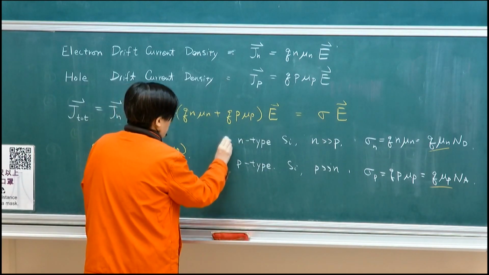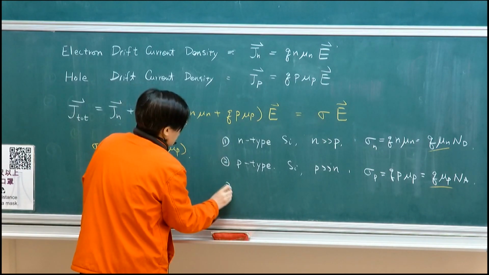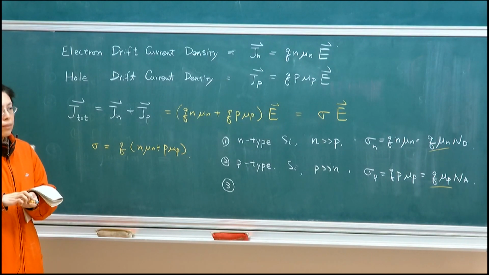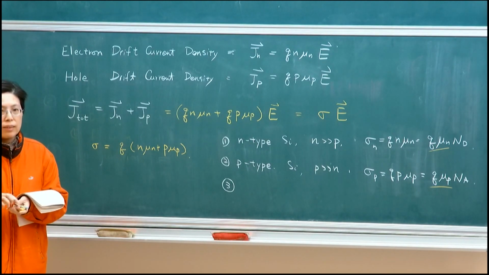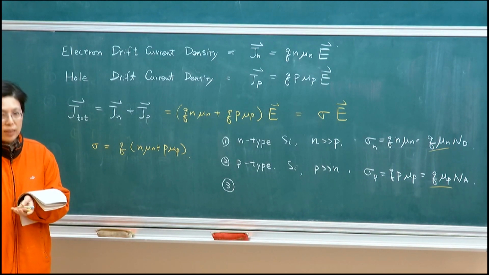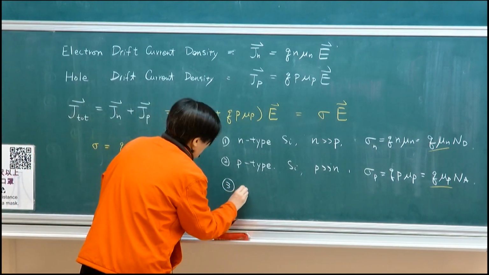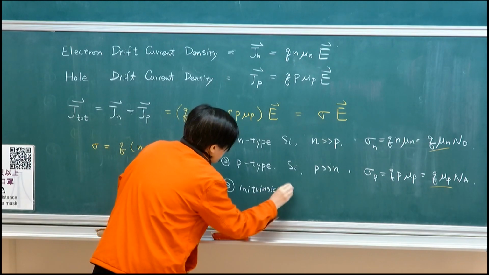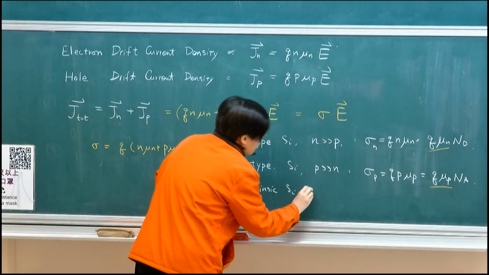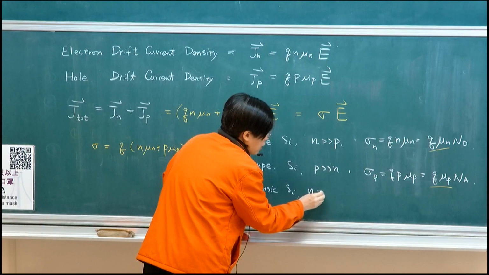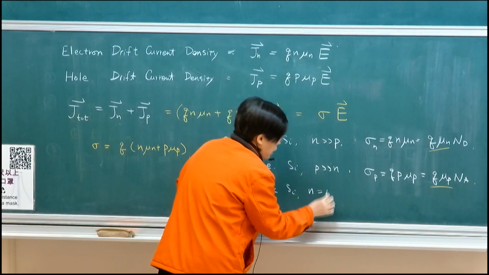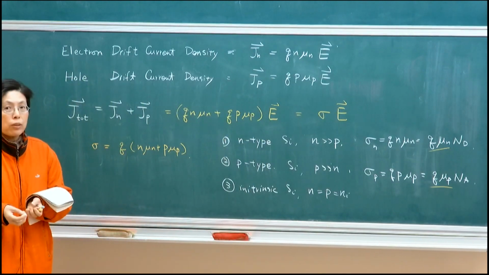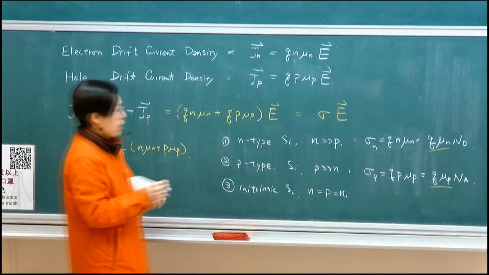So we can actually do the third. We have n-type, p-type, and what other type have we already discussed? Intrinsic. So let's think about intrinsic. In intrinsic semiconductor, n equals p equals ni. So you should be able to find its conductivity.